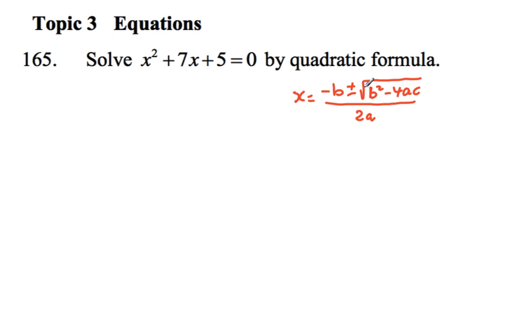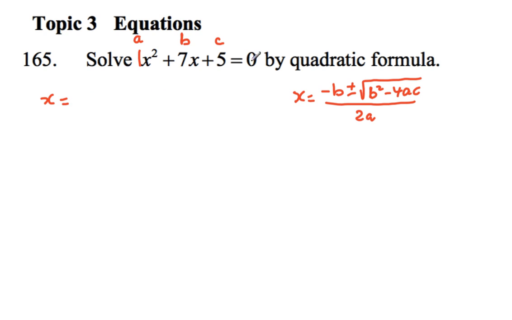Now that's based on a, b and c being the 3 numbers that are in front of the 3 terms here. In this case we didn't see a number in front of the x squared, so there must be a 1 in front of there, otherwise it wouldn't exist. B will be the number that's in front of the x, and c will be our 5. That's where we get our values for the quadratic formula to work here.